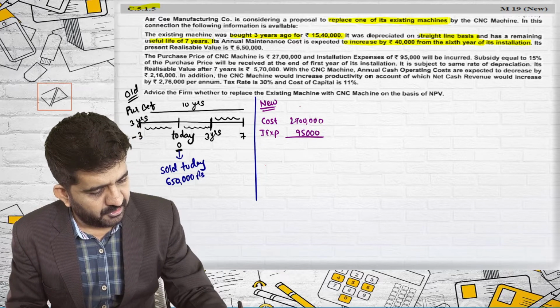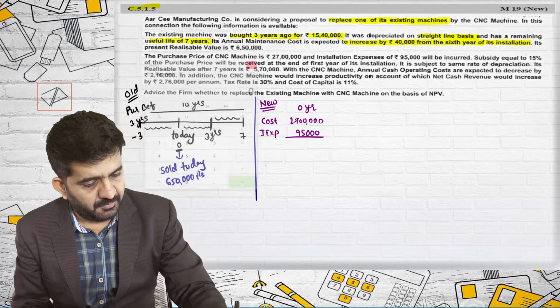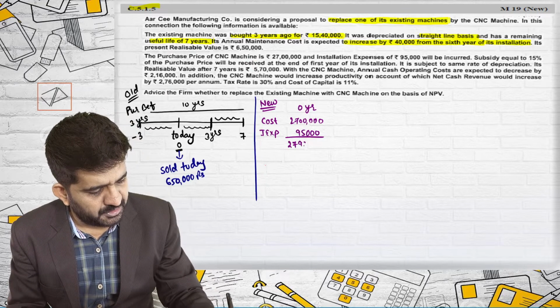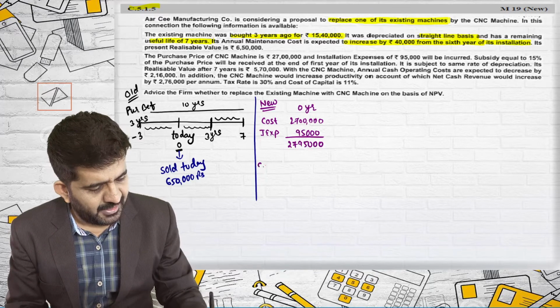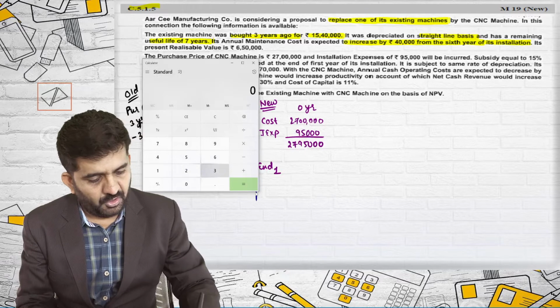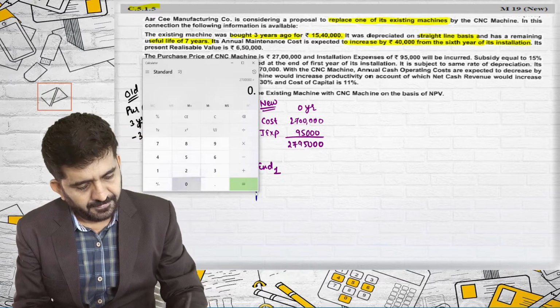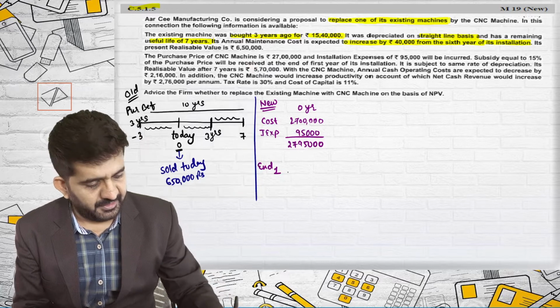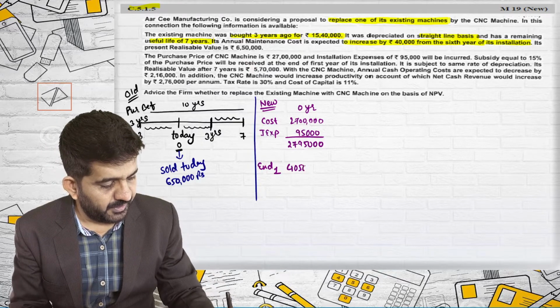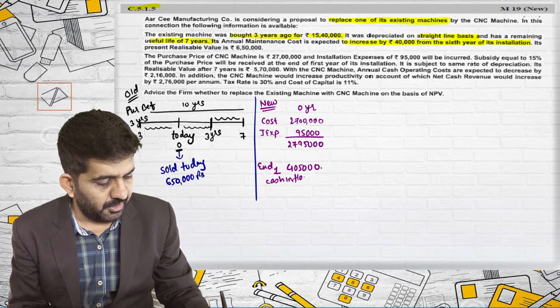So this is at the end of 0 year. Your expenditure will be 27,95,000. And at the end of first year, you will be getting subsidy of 27 lakhs multiplied by 15% from government. That is 4,05,000. This will be cash inflow for us.